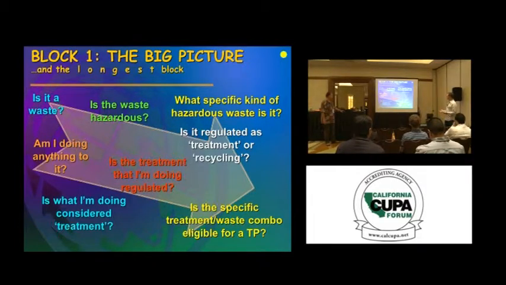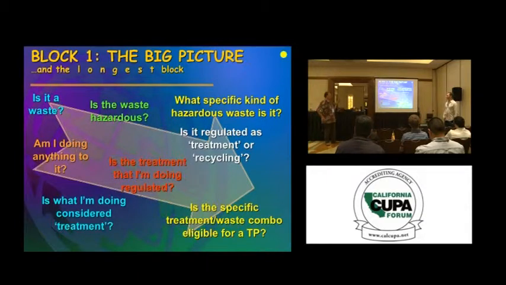Is the treatment regulated? What specific kind of waste is it? Is it a RCRA waste? Is it California waste? Those are important questions. And is the specific treatment and waste combination eligible for tiered permit? So start at the beginning: look at what you have, what is it, what are you doing to it, and is it covered?